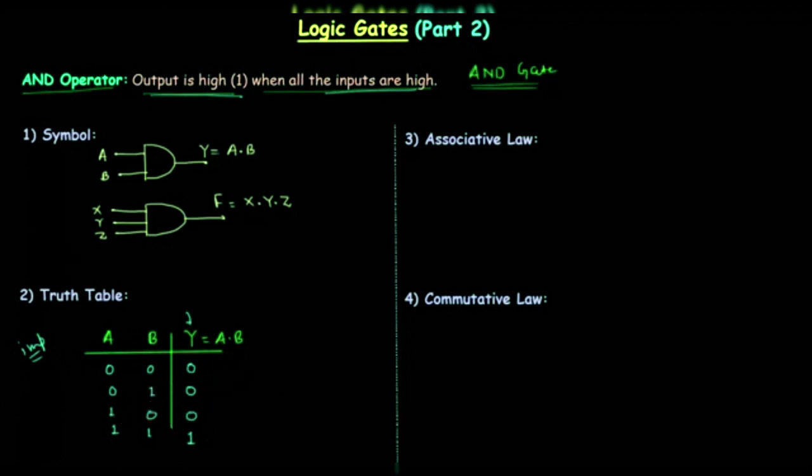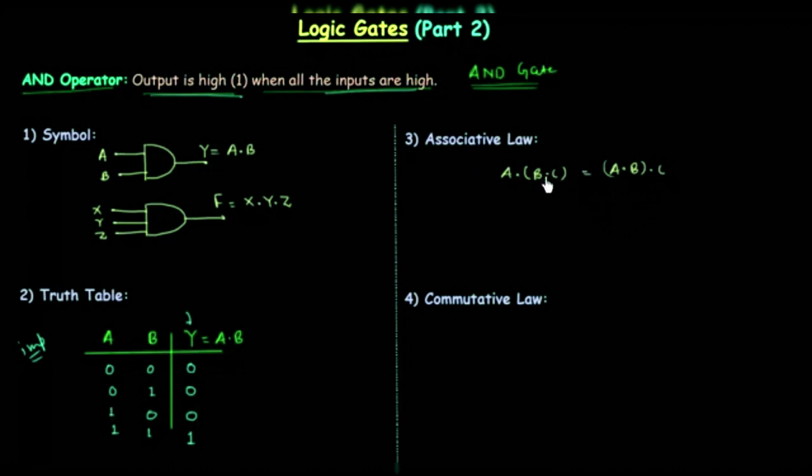Now we will move to the third point, that is the associative law. We have to find whether the AND gate follows the associative law or not. Associative law says (A and B) and C equals A and (B and C).